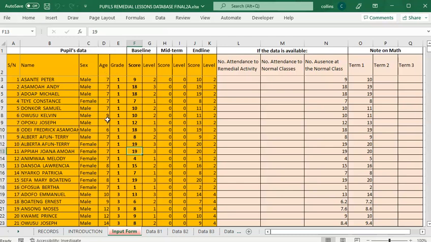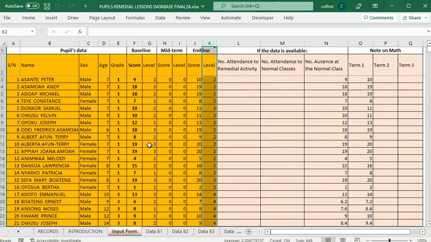Then determine the age, then the grade of each pupil, then enter the baseline score here, and the levels placed based on the criteria, you indicate them here. You do likewise for the midterm and the end line records.